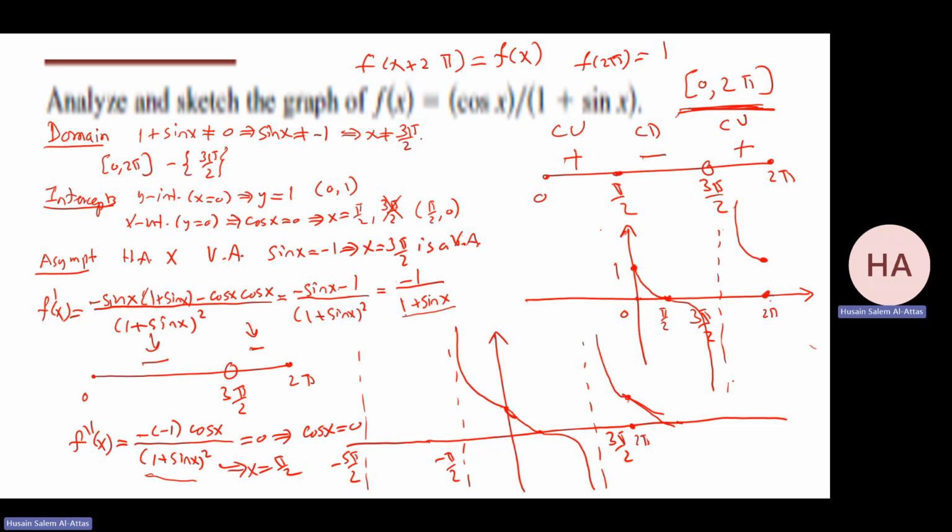This is 3 pi over 2 plus 2 pi, which is 7 pi over 2. It will be concave up, then concave down like this, and continue doing it like this.